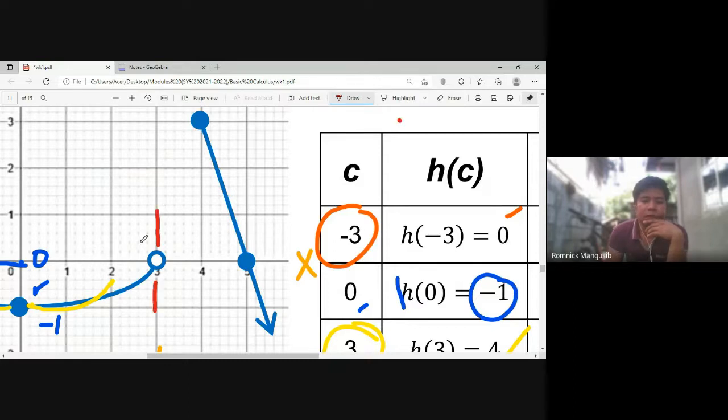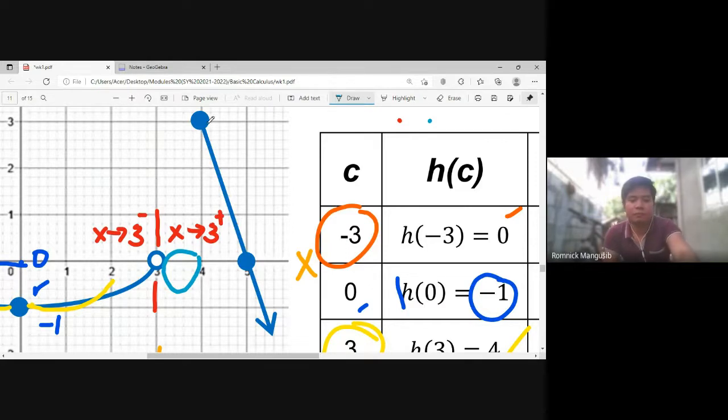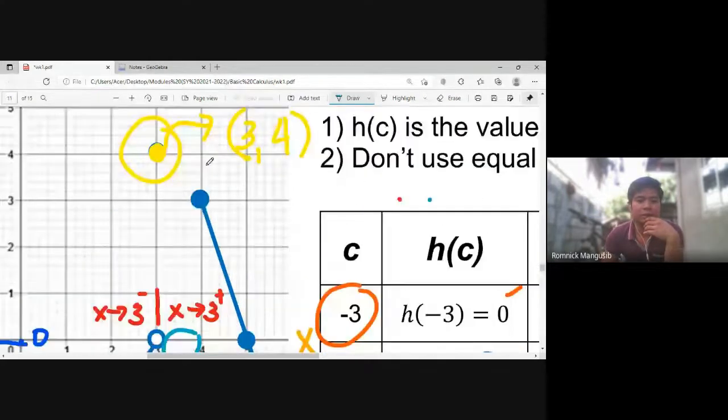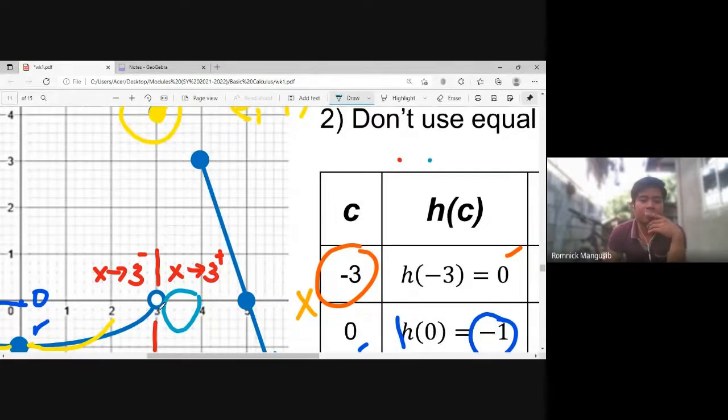Ito yung 3. Ito yung left ng 3. Yung kabila naman yung right of 3. Nakikita ba natin? May nakikita ba tayong real numbers? Na-involve ba yung numbers dito? Nagamit ba yung numbers dito? Kung nakikita naman natin na nung nakatayo siya sa 3 na x, nag-start na siya sa 4 na x ulit.